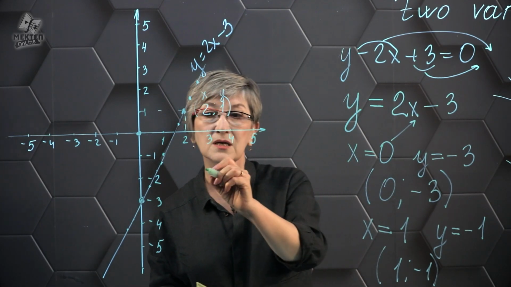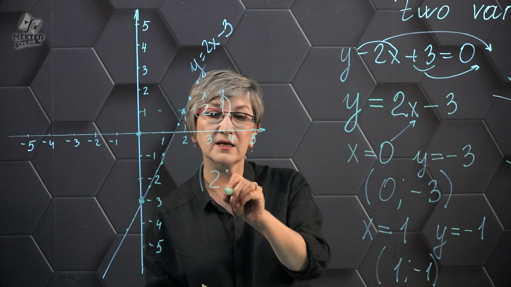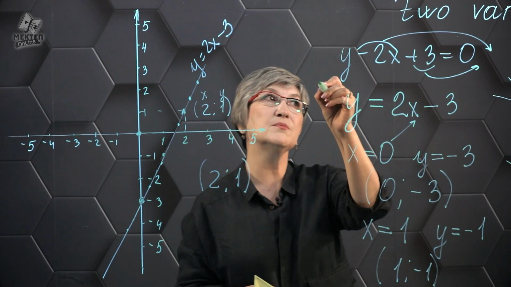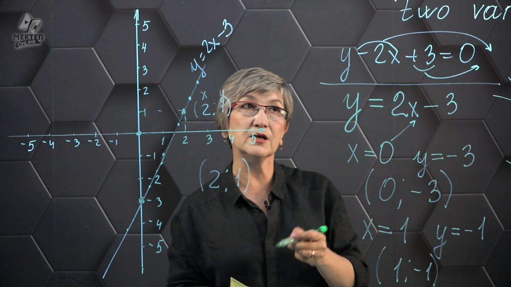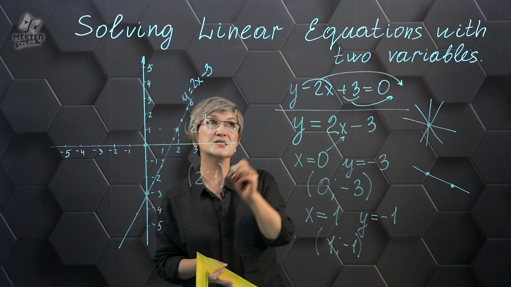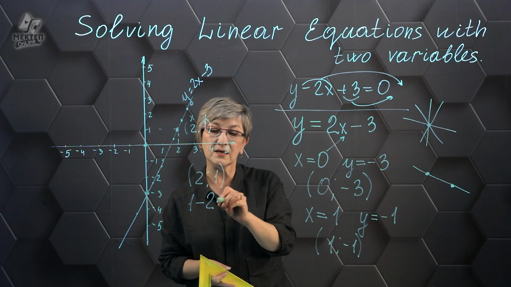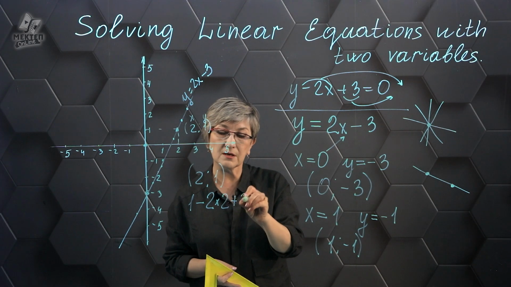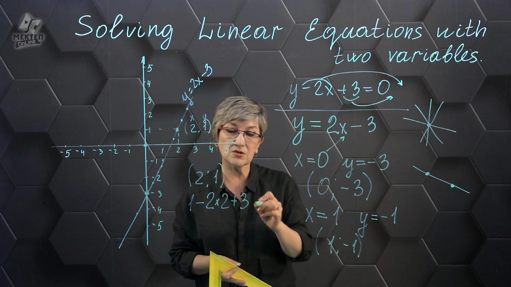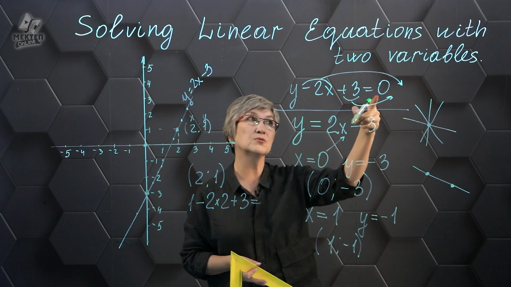The result is: in place of y is 1, minus 2 times 2, and plus 3. What do we end up with? It should be 0.